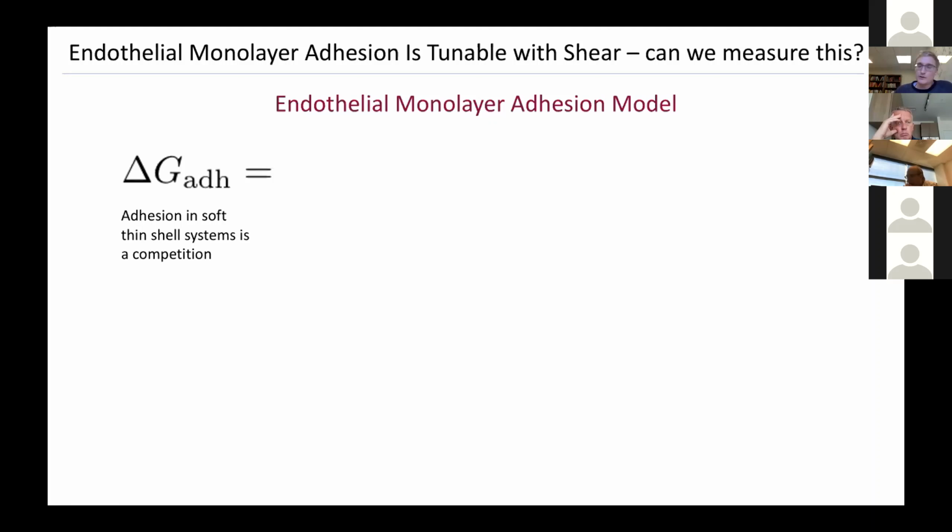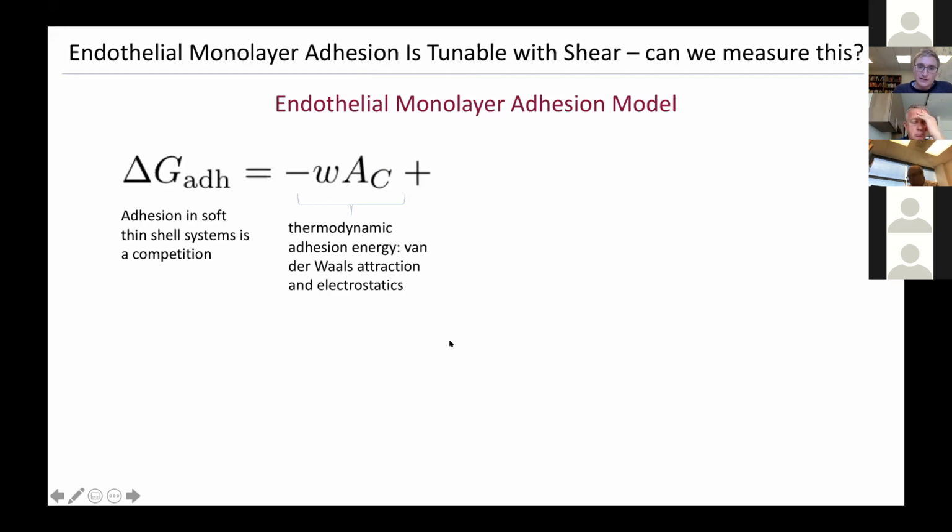And we started this work really prior to us doing CZM on endograft systems, but I think this can be very much generalized to a lot of fragile interfaces in biological systems. We really want to be able to measure the adhesion energy at these soft, thin shell systems.